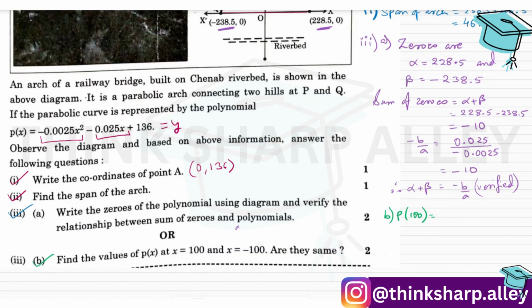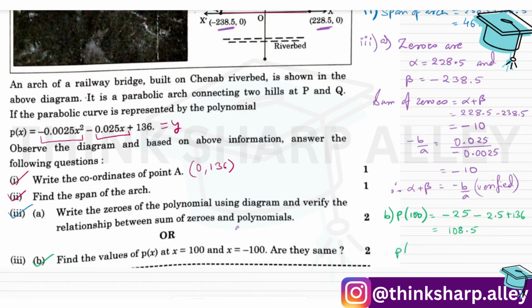So 100 squared multiplied with 0.0025 means the point will shift 4 places towards the left. So it makes it minus 25, and here 2 places, so that makes it minus 2.5, plus 136.